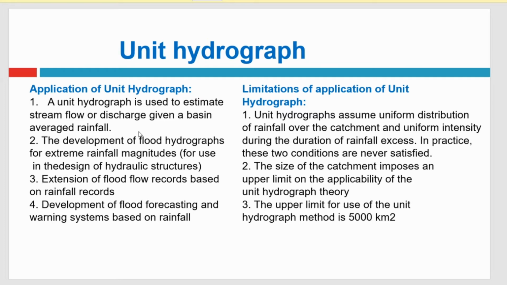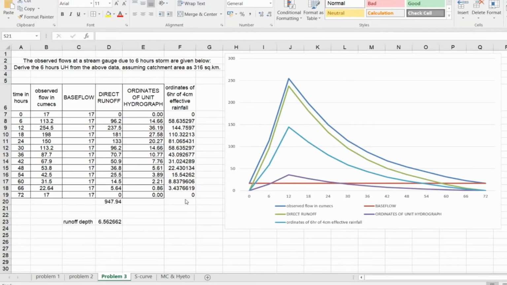Now next we'll solve a problem. From that problem we'll also try to understand the application of the unit hydrograph. Okay, now let us take this problem. These are the columns which I have calculated, so you don't need to focus on this. You focus on only these two right now.